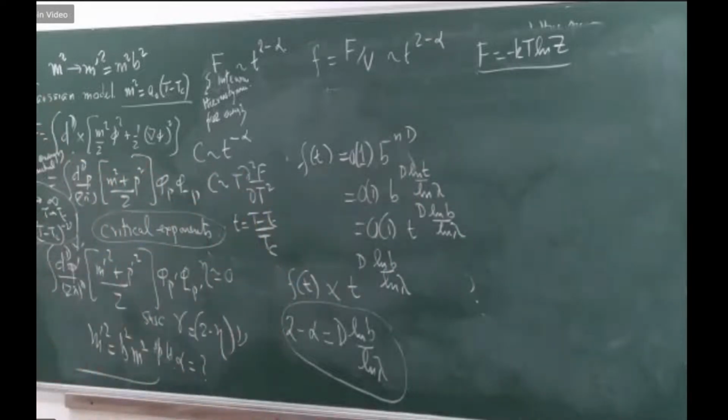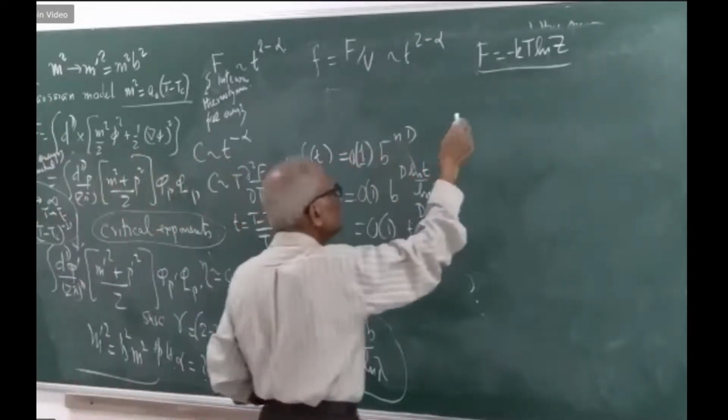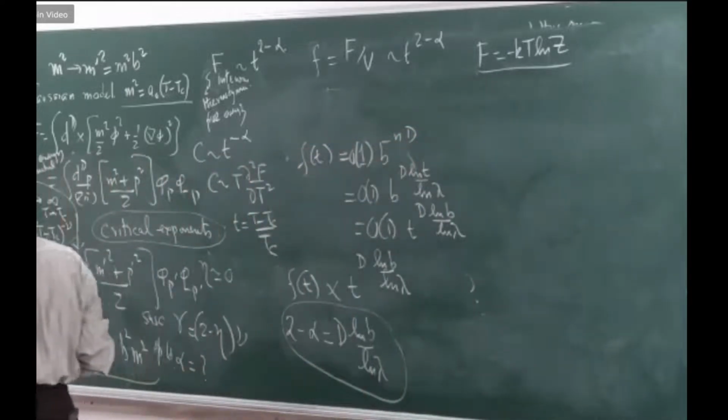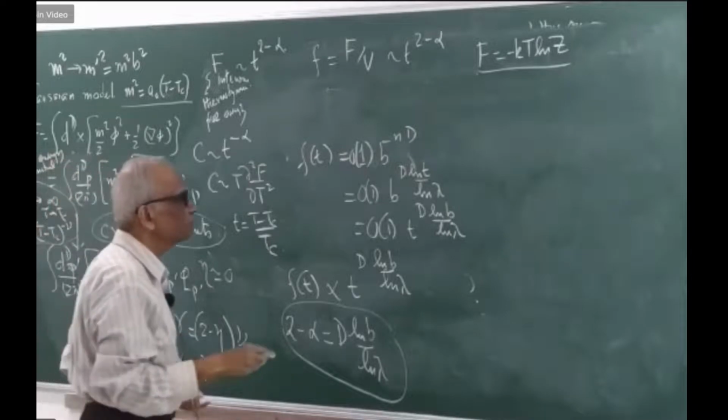What happens to the correlation length? I have scaled the momentum by a factor of b.